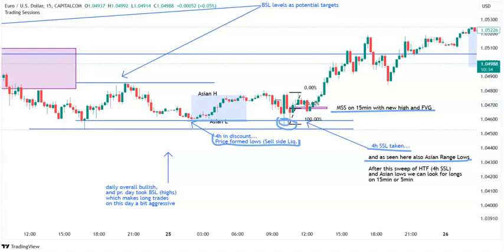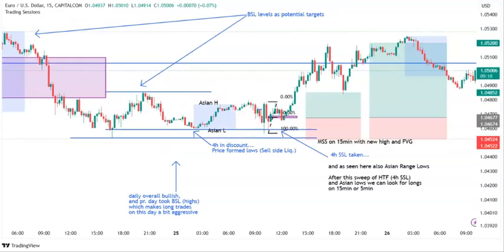After this liquidity was taken, market pushed to the upside, it broke this short-term high, price closed above, retraced again, and we had another push up higher with this fair value gap zone. Then market retraced back towards the fair value gap zone, and this is your good spot, as per rules, to look for long trades.